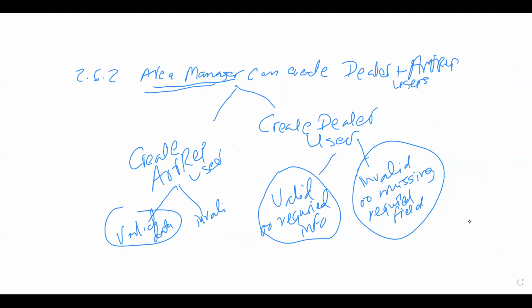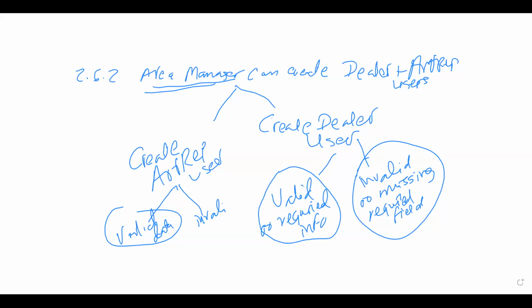One is when I'm trying to create Arfloan users, and the other branch is when I'm trying to create dealer users. Now, on the left-hand side branch, when I'm trying to create Arfloan users, there are 2 scenarios. I will try to create with all of the required fields with valid data. In that case, I should successfully create the Arfloan user.